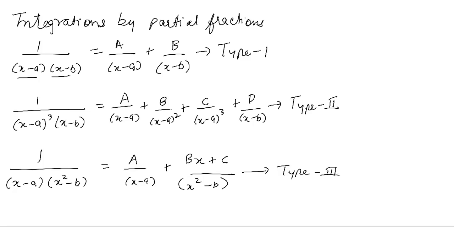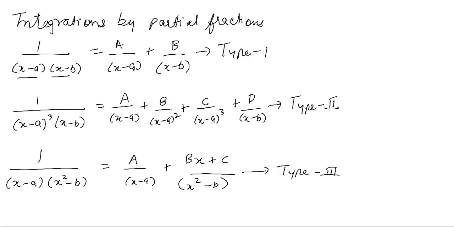So you will get 3 types of integration in this partial fraction. In type 1, you will have simple linear denominators with no repeating factors. In type 2, you will have linear terms, but the factors will be repeating.